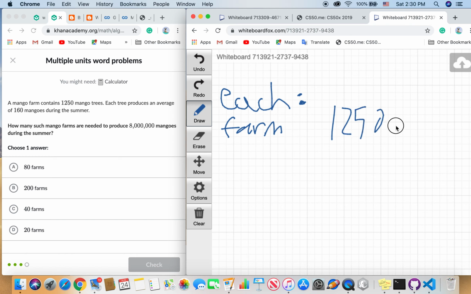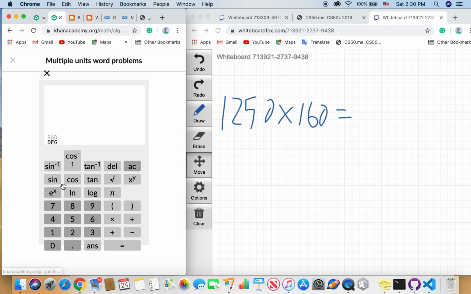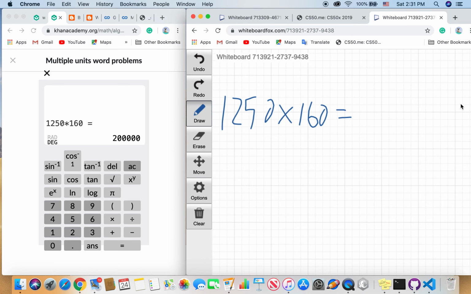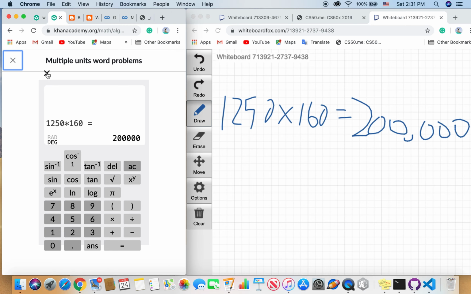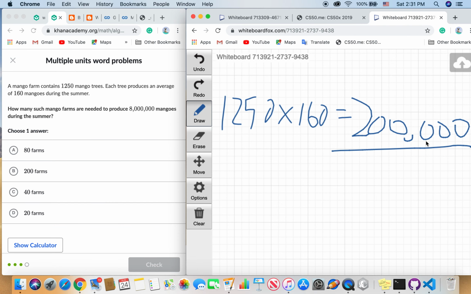1,250 multiplied by 160. And then what do we get? It's a calculus problem. Let's see. 1,250 multiplied by 160. So we get 200,000. That's a lot. So each farm will produce this amount of mangoes.